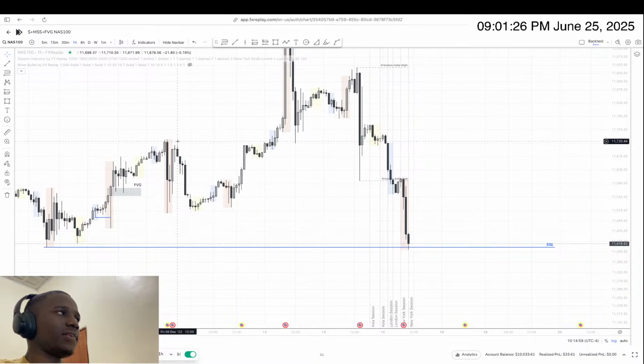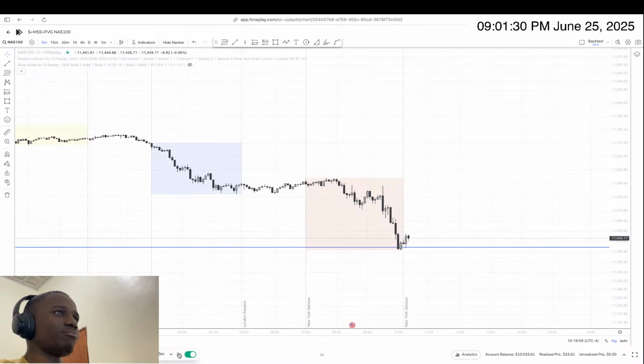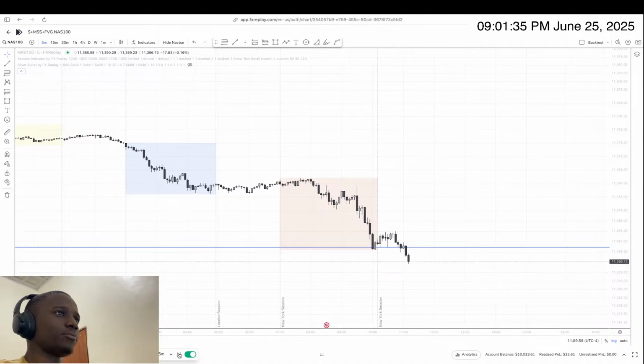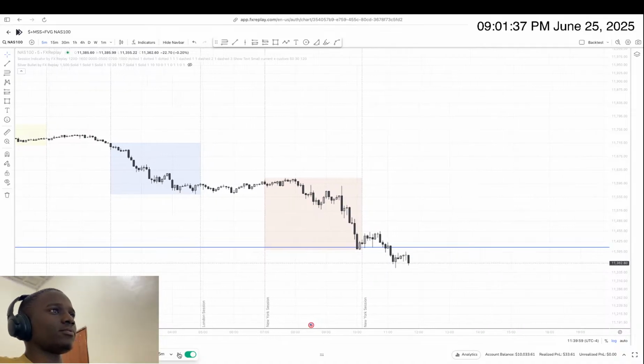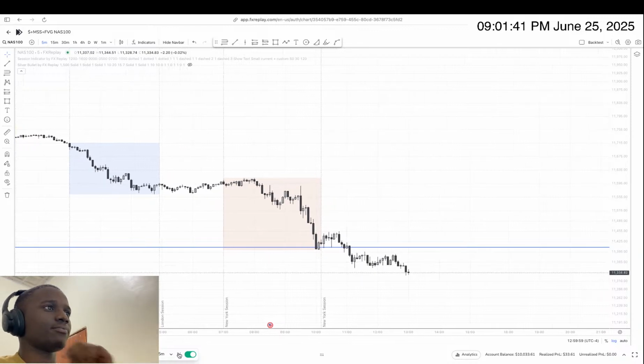It's currently 10 in the morning, so I don't think I'll find another entry because we've already taken out the liquidity that we wanted to. So let's just wait for the next day as we take read of price here.